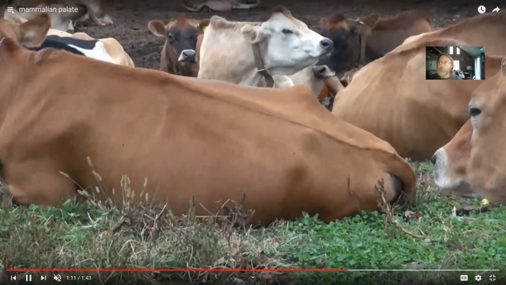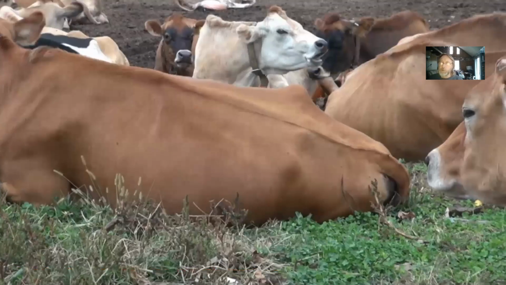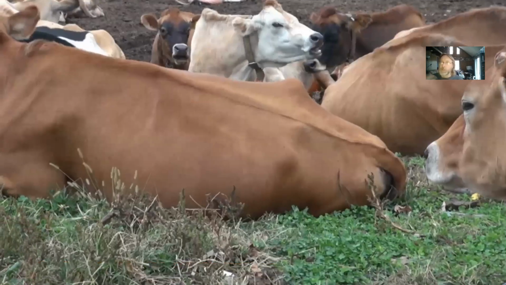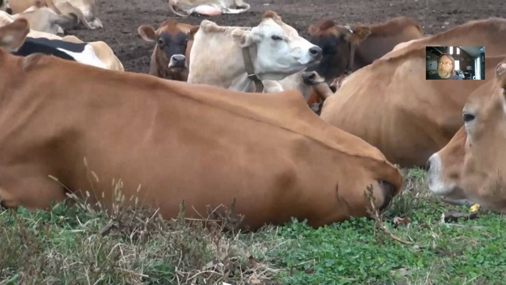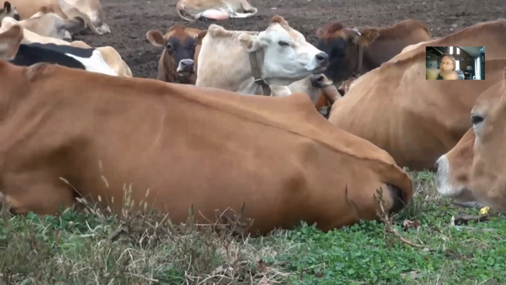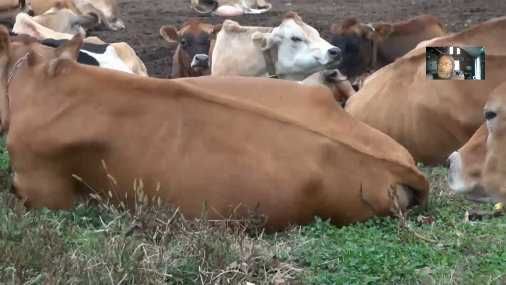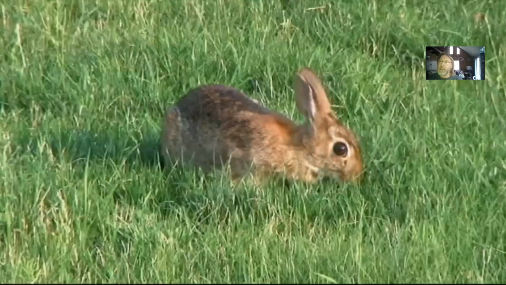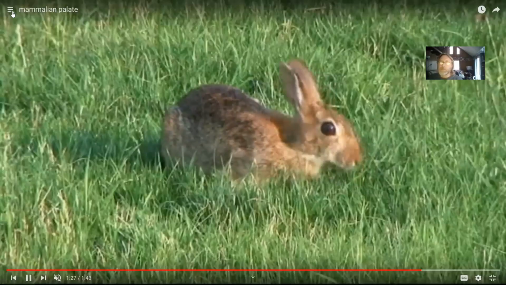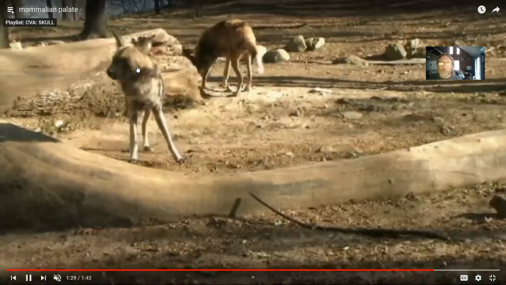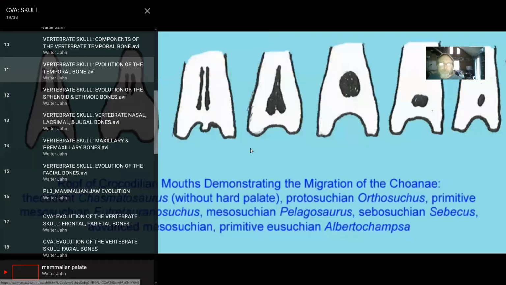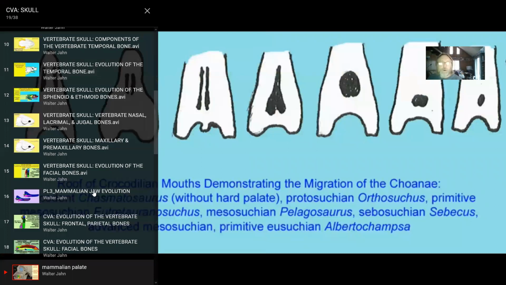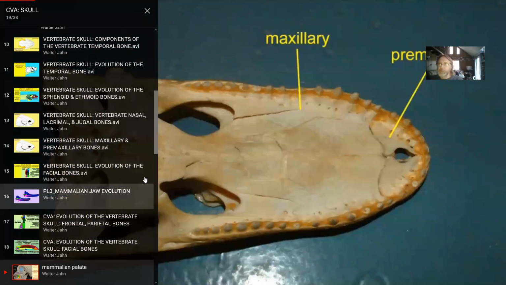If they had to stop breathing in order to chew, well, then they couldn't reach their large sizes, their warm-blooded metabolism, etc. So these bones which came together, the maxilla and the palatine bones, to form the hard palate, this was significant in the evolution of mammals. I had already mentioned the lower jaw, so I'd like to just focus on that just for a second.